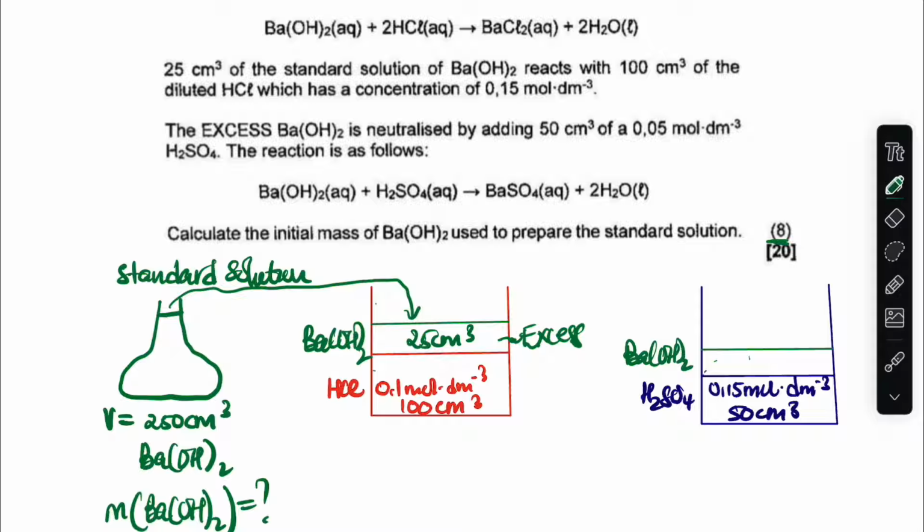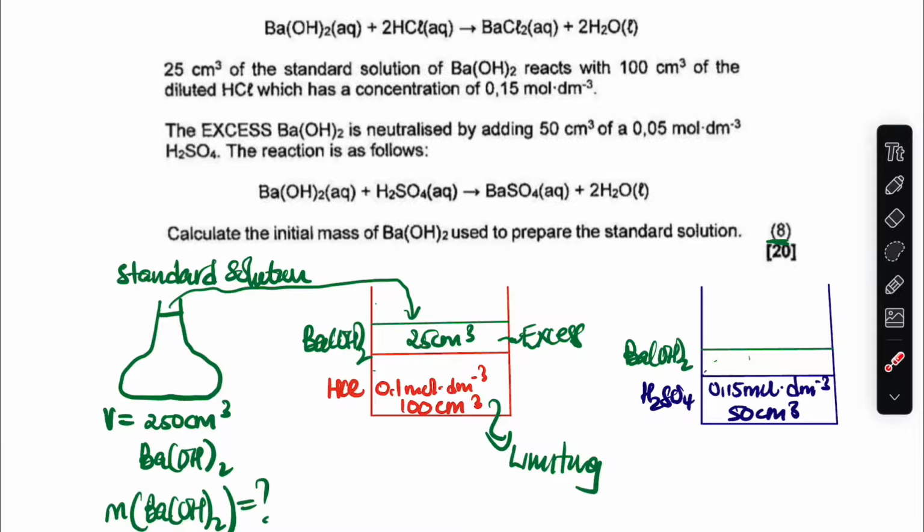The barium hydroxide is not going to be used up completely. That means the HCl, the one that is reacting with it, is the limiting. That means it's going to be used up completely. So this amount available of the HCl will react completely with the excess, with the barium hydroxide, right?